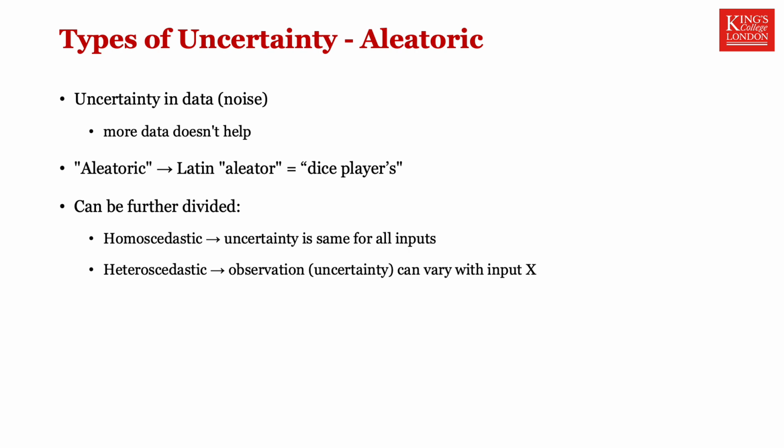For example, you might be able to measure something really well in a patient because the patient is cooperating, for example, doesn't move in the scanner, while another patient might be moving a lot, and that means that other patient might have a much larger uncertainty. Every time we assume that inputs have different uncertainty, we are in the heteroscedastic world. Every time we assume that all inputs have the same amount of uncertainty, we're in the homoscedastic world.